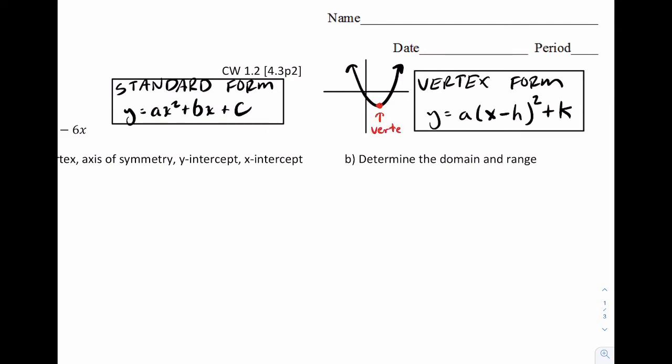Think of it as the highest or lowest point of any parabola, and the vertex has the coordinate h, k. And notice how that appears in our vertex form. Here's h, and here is k. So that's why it's called vertex form. And we really want to get to vertex form as far as graphing goes, because you're going to see why that's a much easier form to work with.